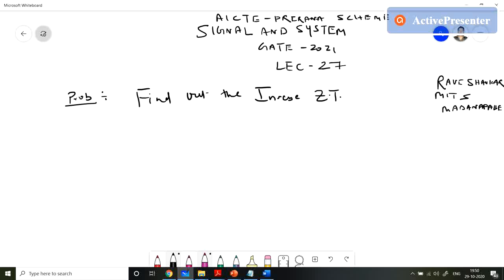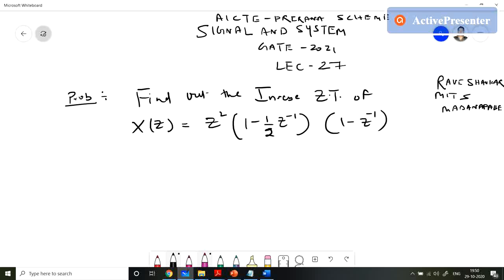inverse Z transform of X(z), and X(z) is given as z squared times (1 minus 1 by 2 z raised to the power minus 1), times (1 minus z inverse), times (1 plus 2z inverse), and the ROC is given as the entire z plane, but not including 0 and infinity.